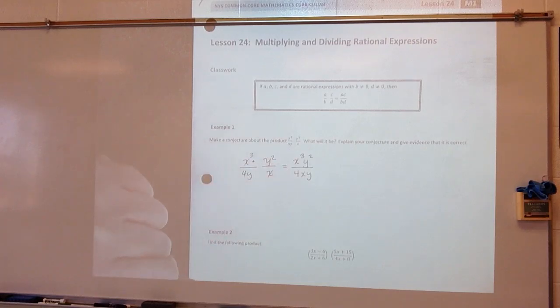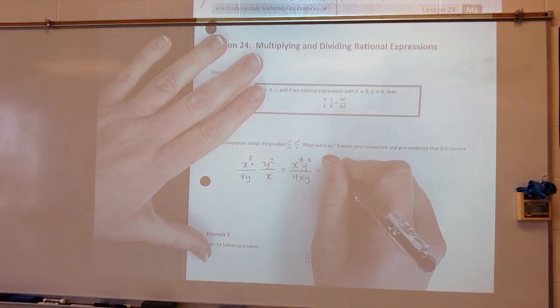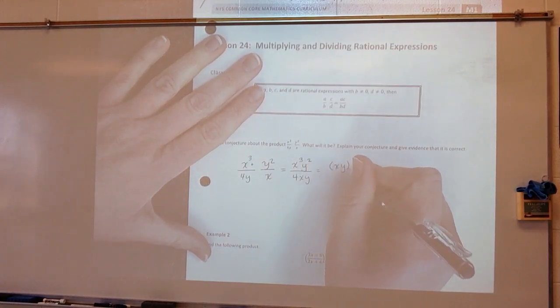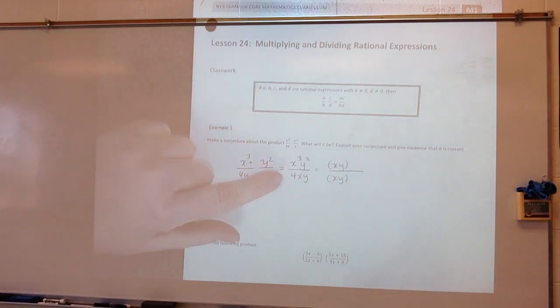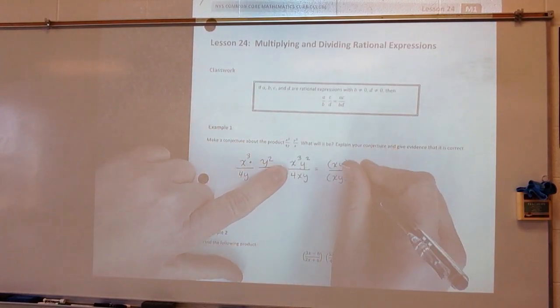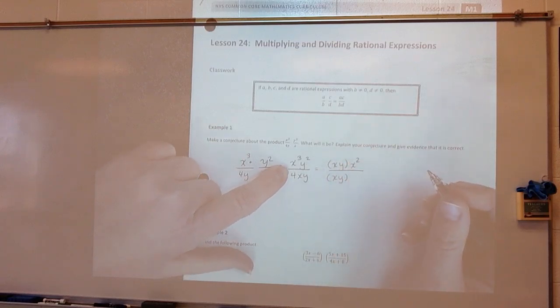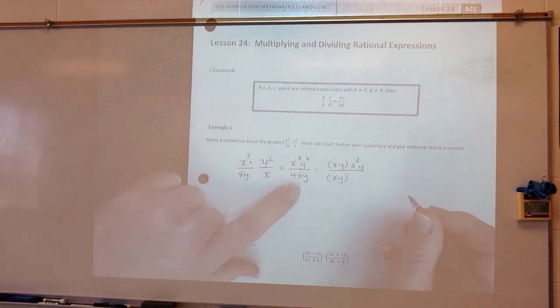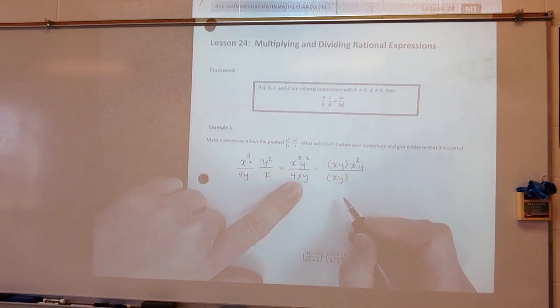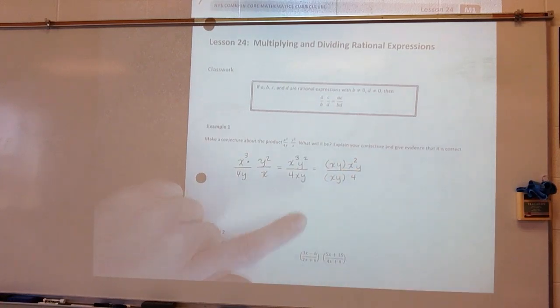They both have an xy in common. So let's pull that out. When I pull an x out of here, I have x squared left over. And when I pull a y out, I have 1 left over. And down here, when I pull an xy out, I have 4 left over.